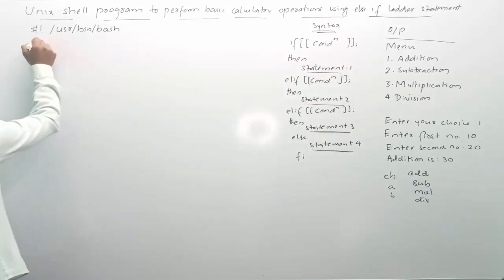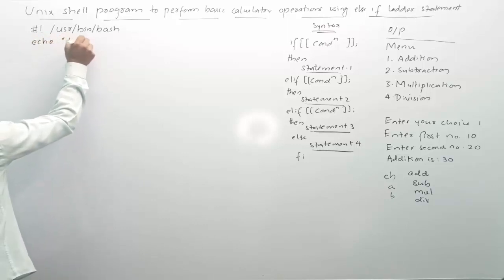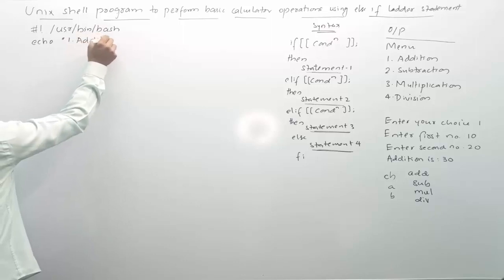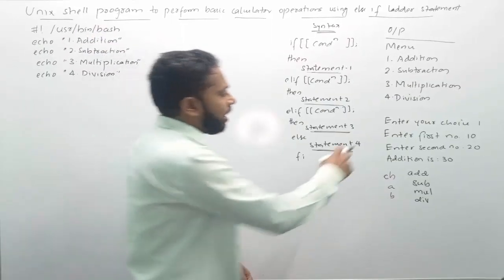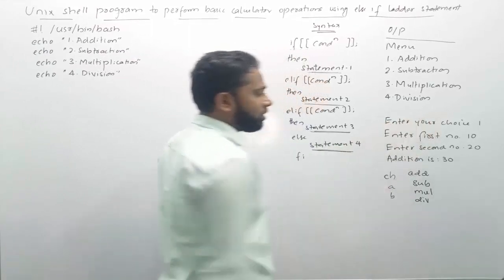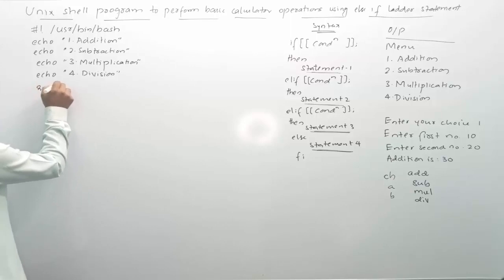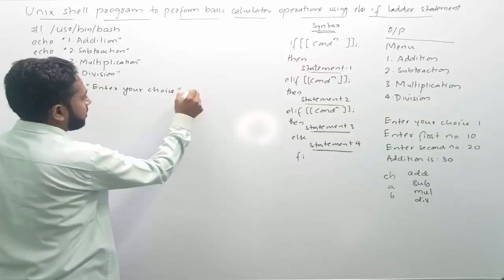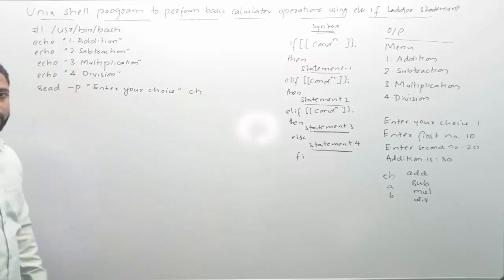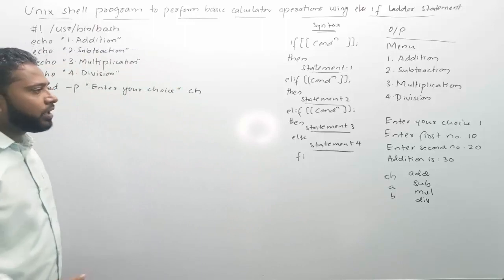I will use the echo command, double quote, 1 dot addition, echo. Next I should display this message, enter your choice. Read -p, double quote, is ch. Then the user will enter 1, then 1 gets stored inside ch.